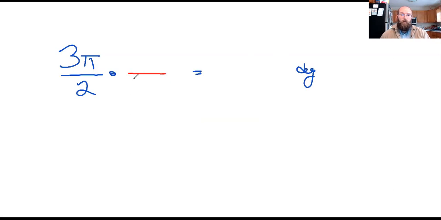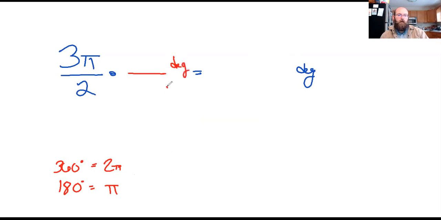And we talked in a couple of my other videos that 360 degrees equals 2 pi radians, which I can simplify to 180 degrees equals pi radians. So I want degrees to be what I end with. So I want degrees on top here, and I want radians on the bottom. So that means I put the 180 on top and the pi on bottom.